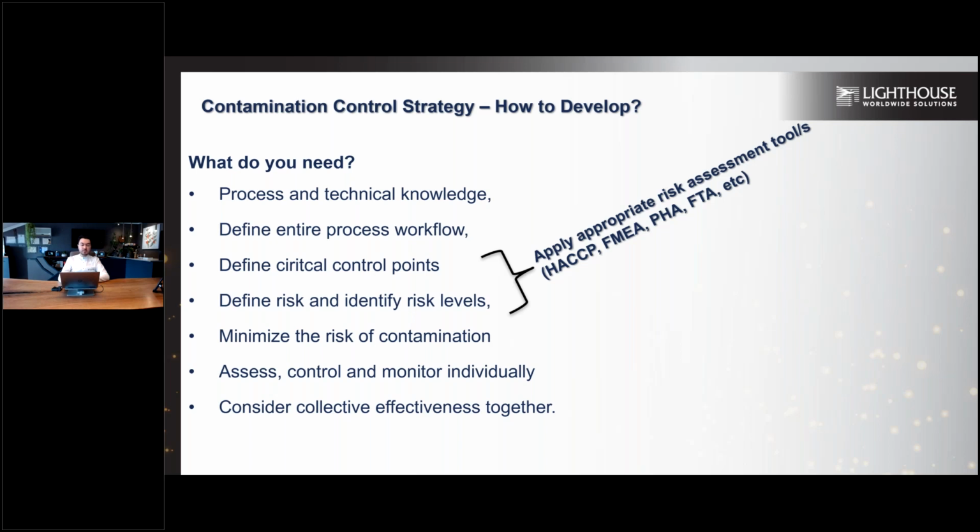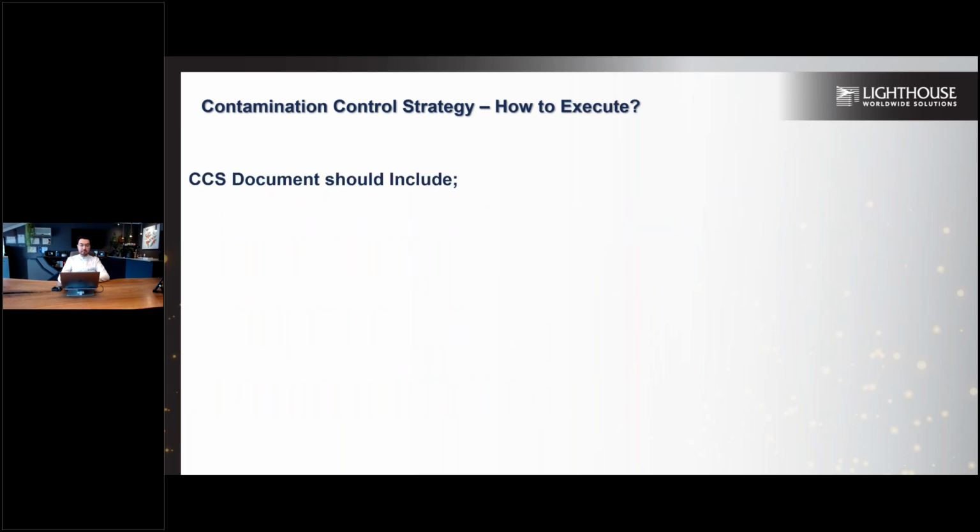Because here, the critical point is, sometimes the critical point we described is not really helping us to find out what's going on in terms of contamination and how we will control it. That's why we have to focus on collective effectiveness of the process and how to execute our contamination control strategy.